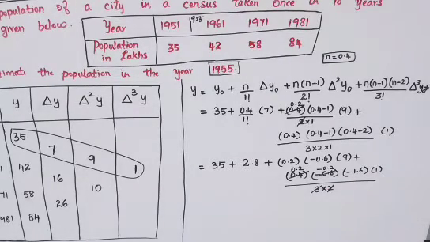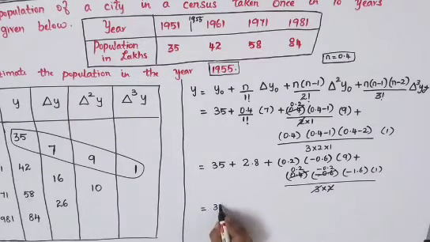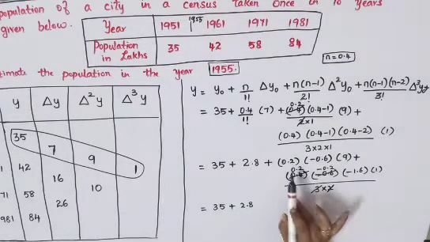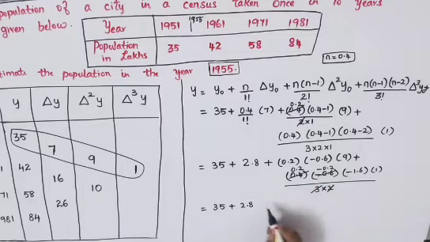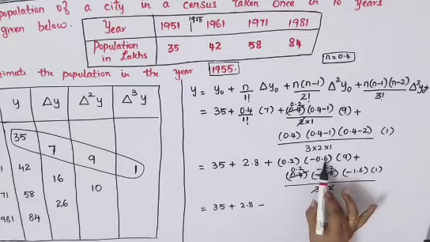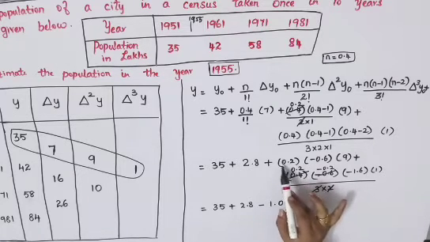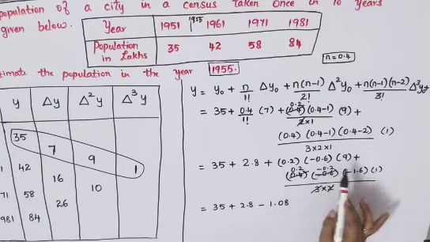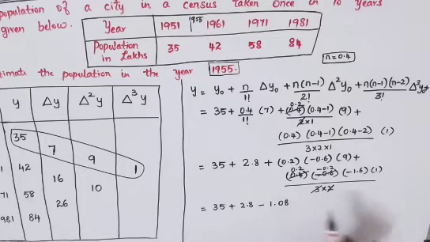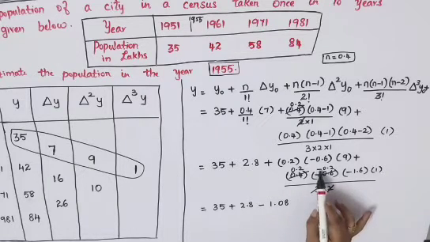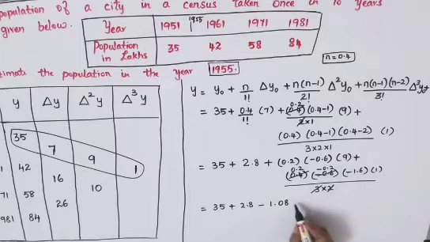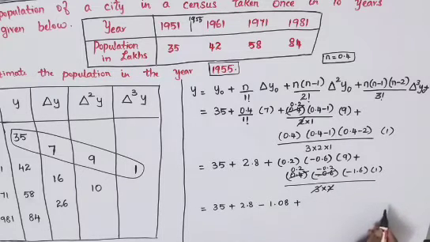So now go for solving. 35 plus 2.8 as it is. For the third term, plus into minus is minus, so 0.2 into 0.6 into 9 you will get as 1.08. Just use your calculator and multiply. So that is your third term. Now going to your fourth term, the symbols minus and minus are there, so minus into minus becomes plus.